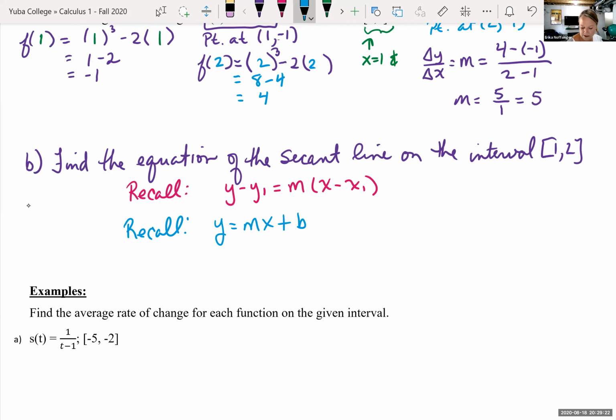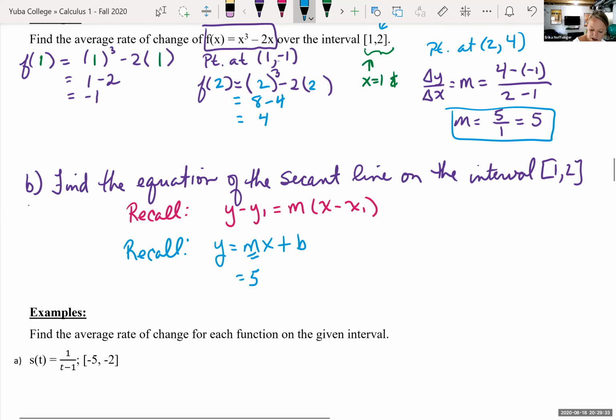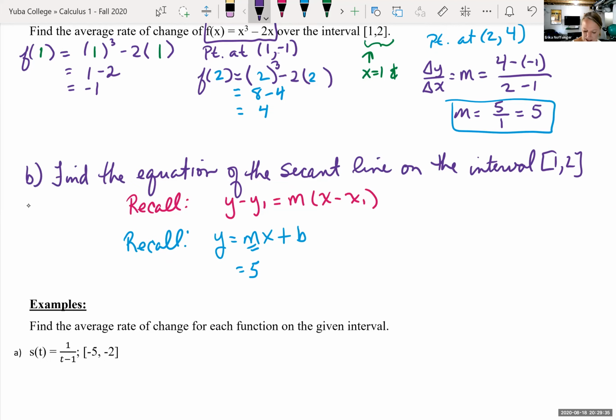We know what our slope is because we found it up here. It was 5. We know a point, so choose one of the points. It doesn't matter which one we do. So if I chose my point that was 1, -1, well, my x value is 1, my y value is -1. So plugging that in, my y value is -1 is equal to 5 times x, which is 1, plus b.